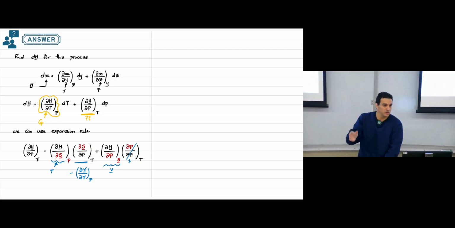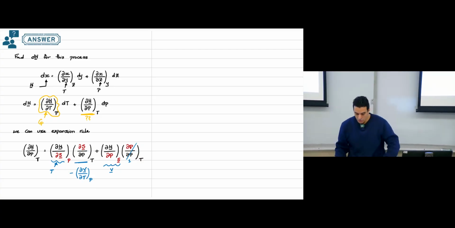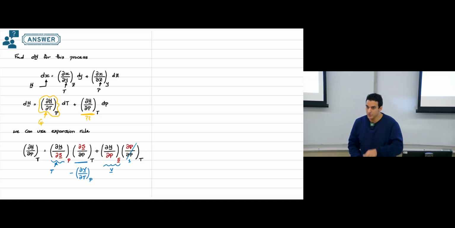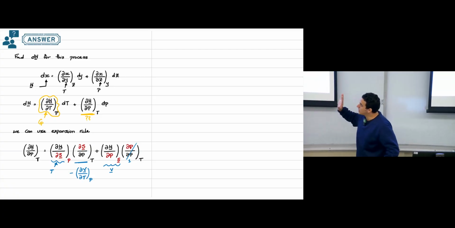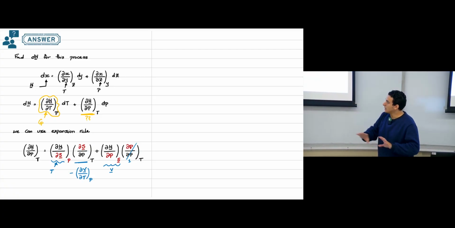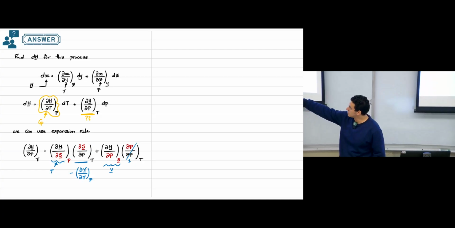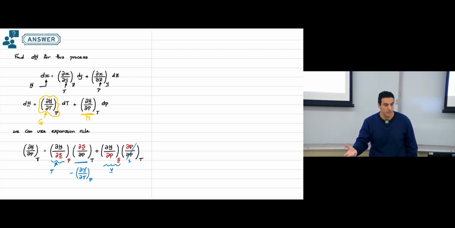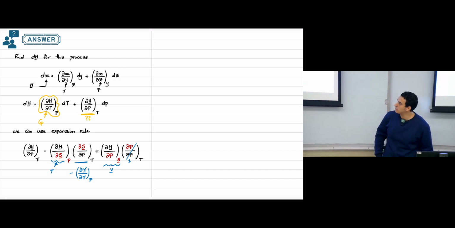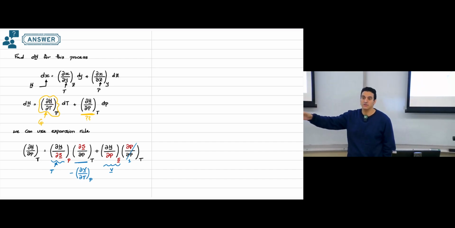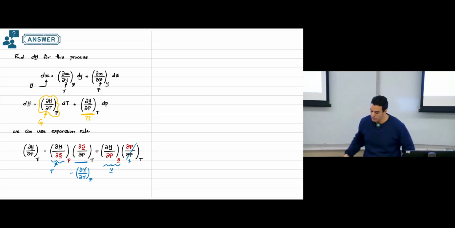V, T, P, three variables, so we can use an equation of state to solve this one. So again, dH by dP at constant temperature, I use the expansion rule. Now in the expansion rule, I replaced all the partial derivatives, either with values, similar to 1 for example, or thermodynamic properties, temperature and molar volume, or even with another partial derivative that I can solve using an equation of state.